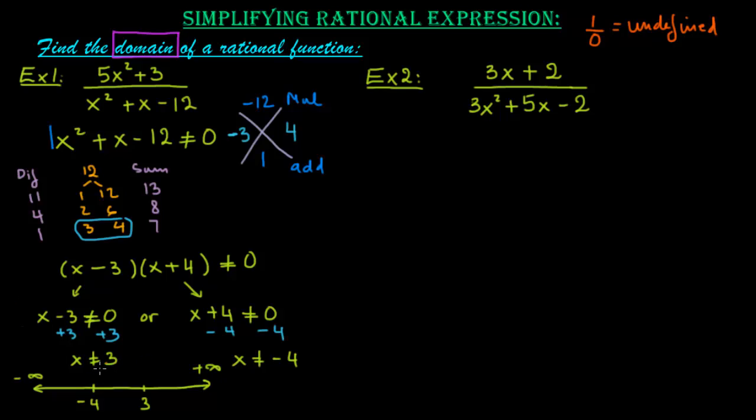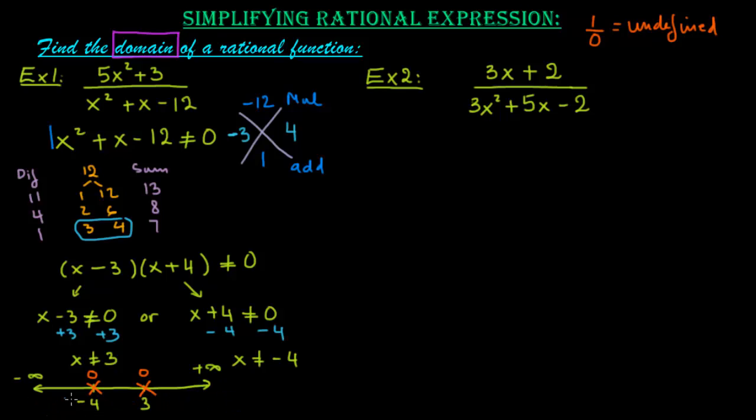Since x cannot equal 3 and x cannot equal negative 4, we don't take that number, so I cross this out. Or if you want, you can use an open circle for both, which means negative 4 and 3 are not included in the solution. So my solution is any other number except negative 4 and 3.